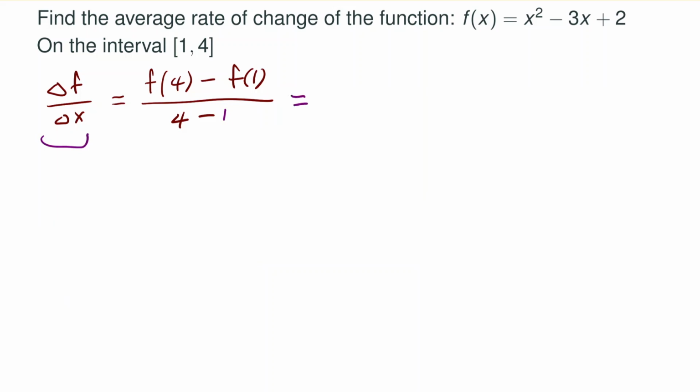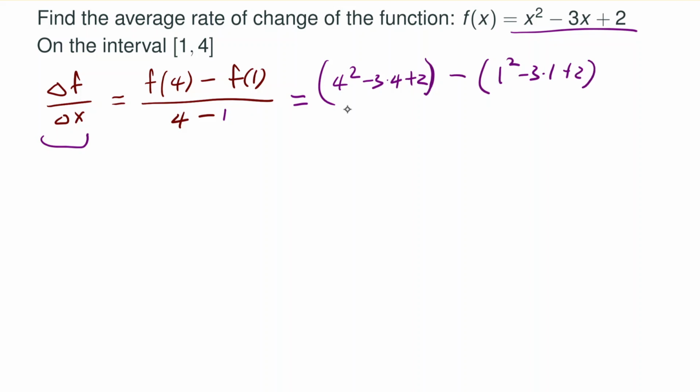So let's plug 4 in here first. f of 4: 4 squared minus 3 times 4 plus 2, entire thing in parentheses, minus, plug 1 in, 1 squared minus 3 times 1 plus 2, over 3. So that's just simplifying.